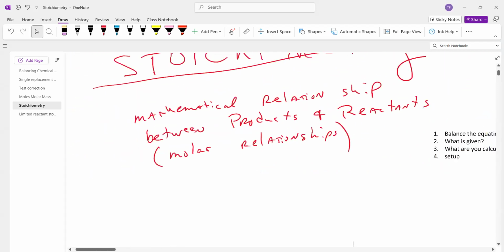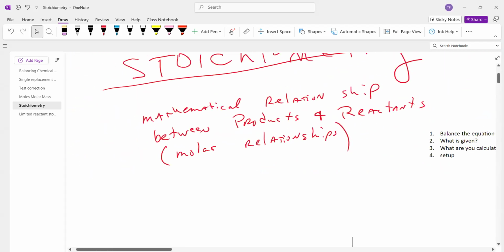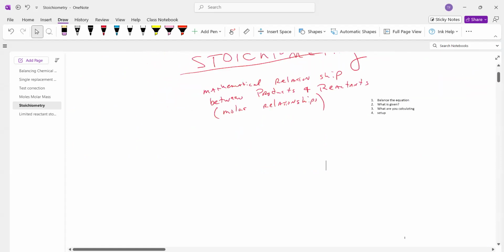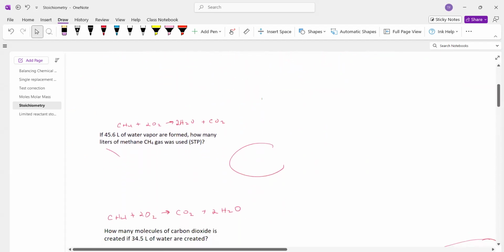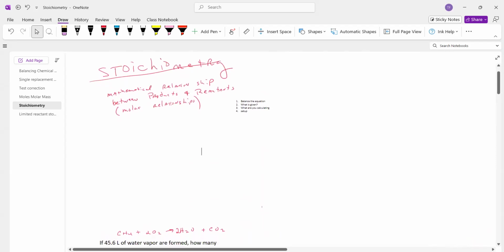Now, today we're going to use a very simple equation. And we're going to use the same one each time, so we don't have to keep balancing it. Okay, so a typical stoichiometry problem.